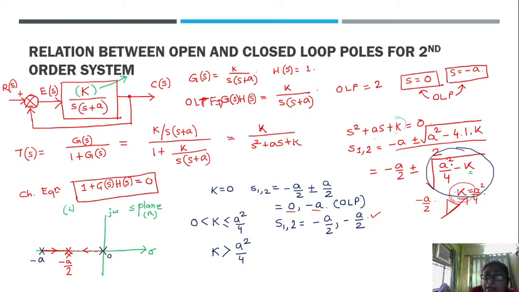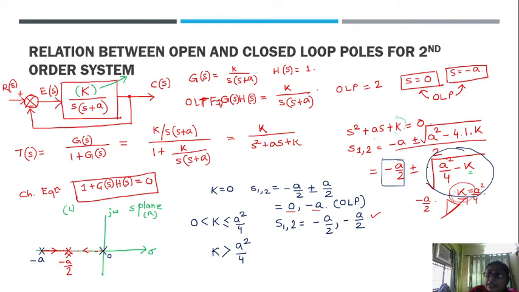What will be the value? The real part will be minus a by 2, but the bigger the value of k, the further this part goes along the imaginary axis.